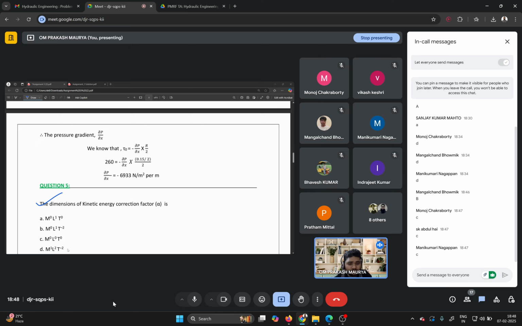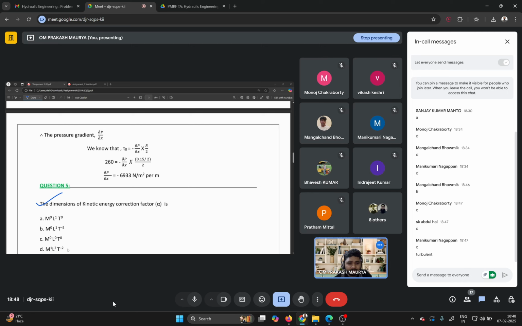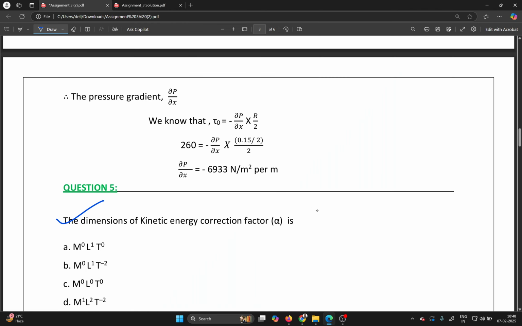I am talking about more, in which case you can write laminar or turbulent in the chat box. Okay, in case of turbulent you are telling the kinetic energy correction factor will be more. Let me write.